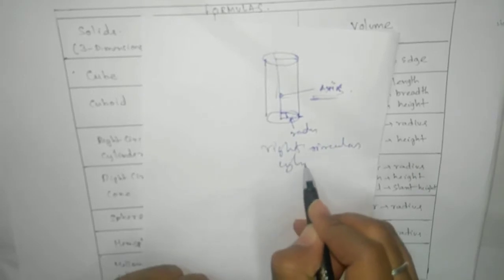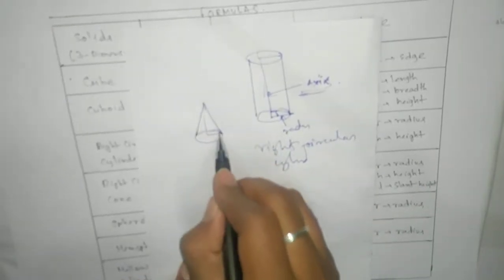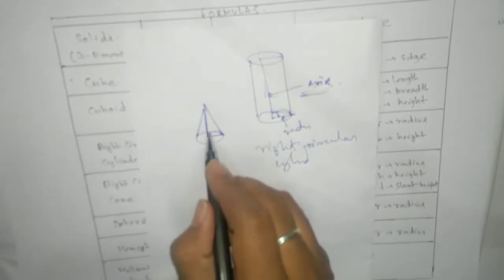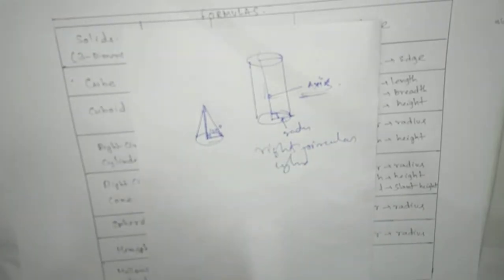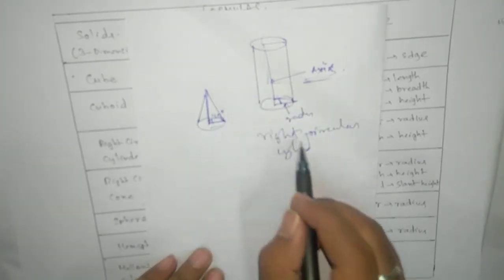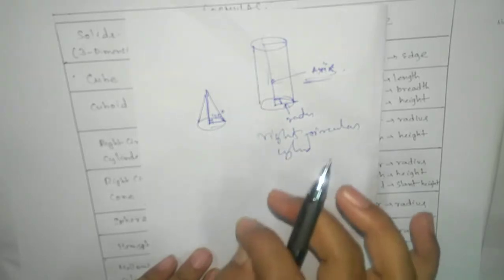Similarly, for the cone, if the angle between the radius and the axis is 90°, then we call it a right circular cone. Now where is the difference between a right circular cylinder and a simple cylinder?